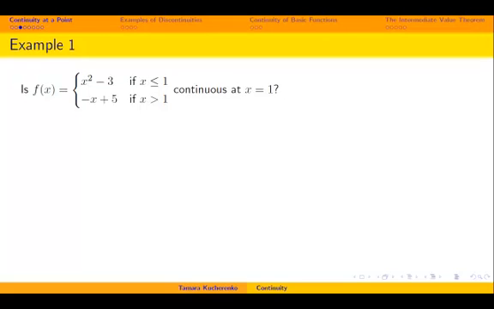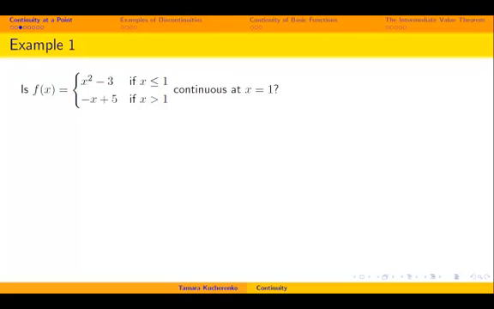As an example, let's check whether the function f of x equals x squared minus 3 when x is less than or equal to 1, and negative x plus 5 when x is greater than 1, is continuous at the point x equals 1.